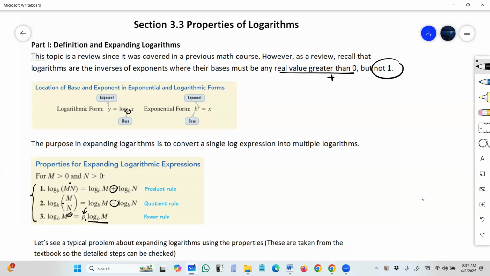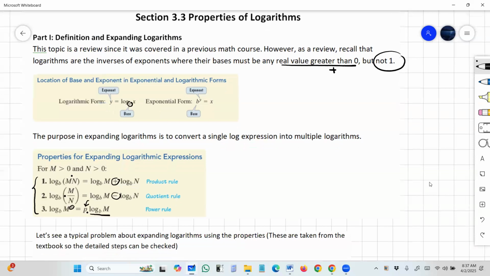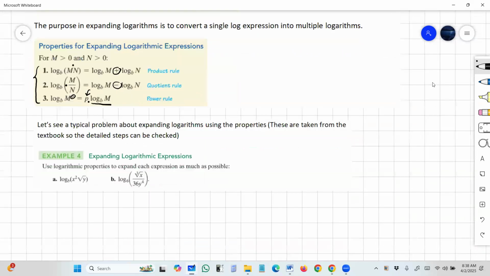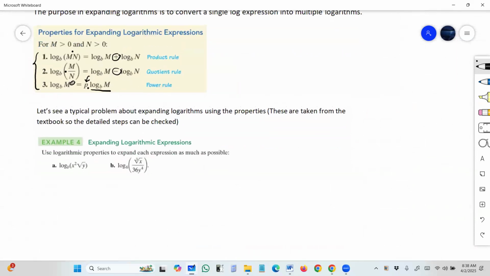The computations will either be expanding logs, which we're covering in this section, or condensing logs, or solving log equations. For now, we're going to take a look at expanding logs. The concept of expanding logs is the following.